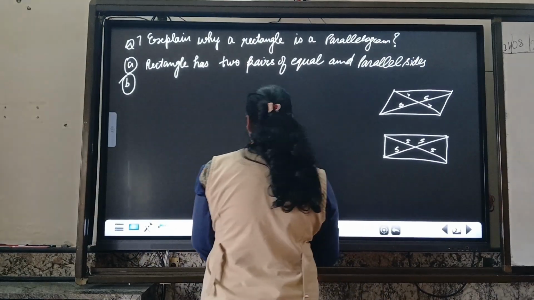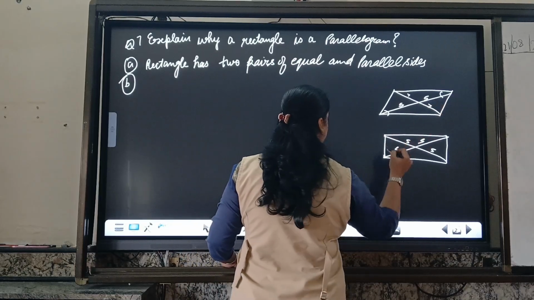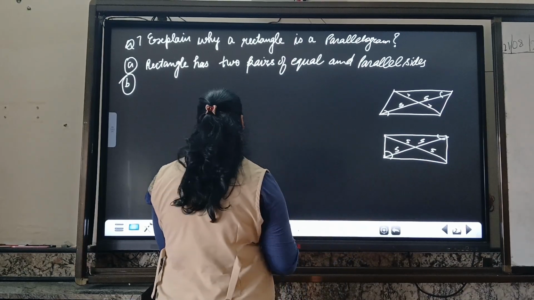So there are two qualities: opposite angles are equal in both cases, and diagonals bisect each other.